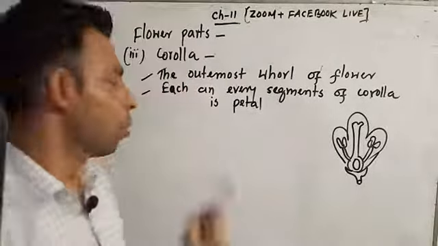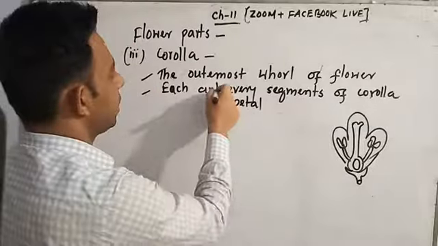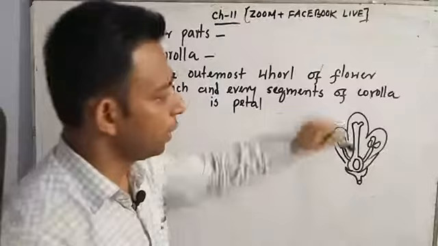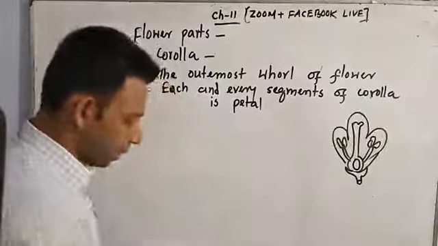If it asks for the corolla, you can write the answer also: outermost roll, and each segment is a petal.